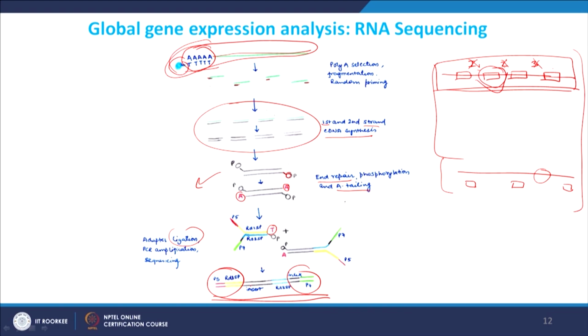And then, you know the sequence of this adapter, so you can use this adapter sequence and sequence this entire cDNA population. This is very widely used these days.